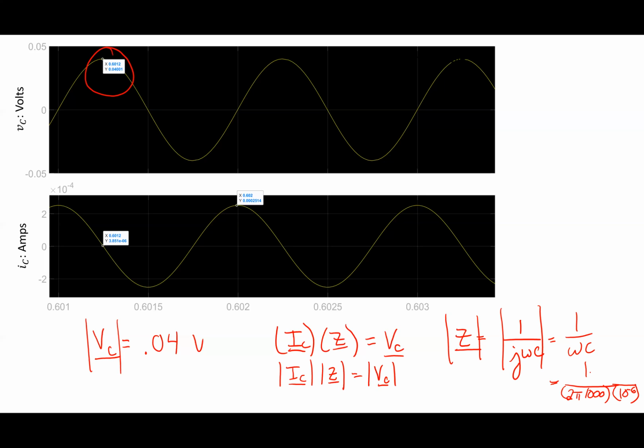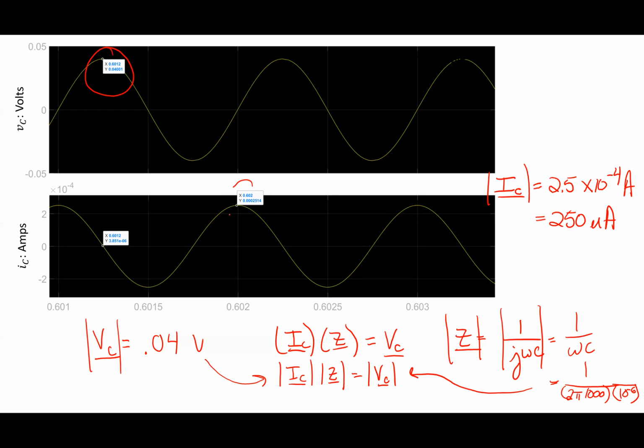If you run those numbers and put 0.04 into this equation, that magnitude works out to be 2.5 times 10 to the minus 4 amps, or 250 microamps. Not an uncommon value for a circuit like that.